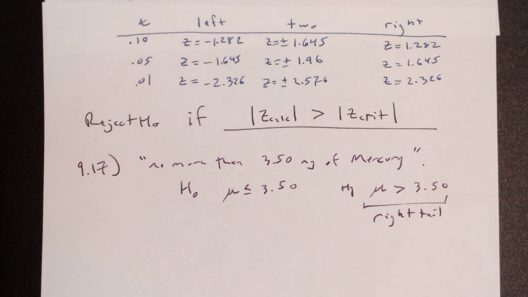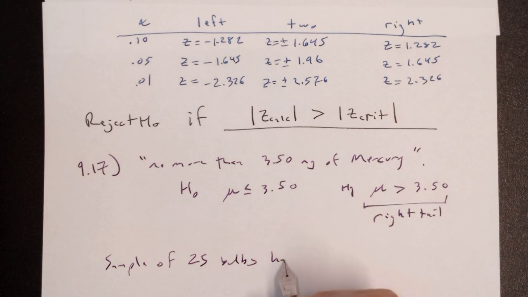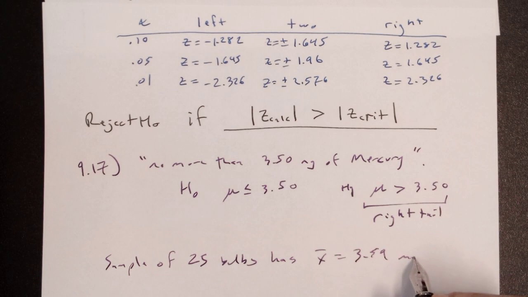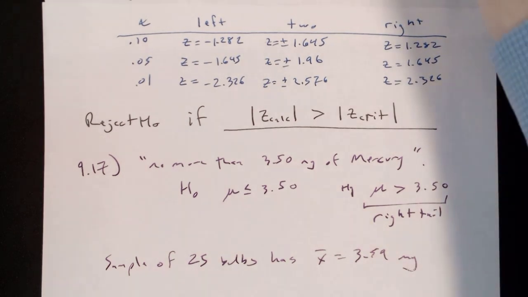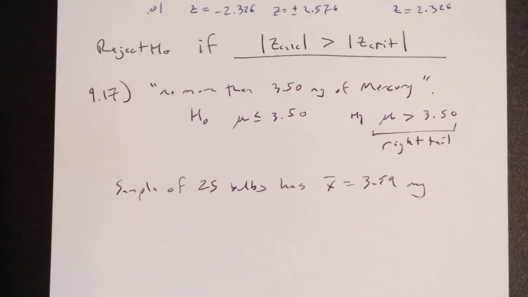A sample of 25 bulbs shows a mean of 3.59 milligrams. And this particular bulb manufacturer has a known standard deviation of 0.18 milligrams.